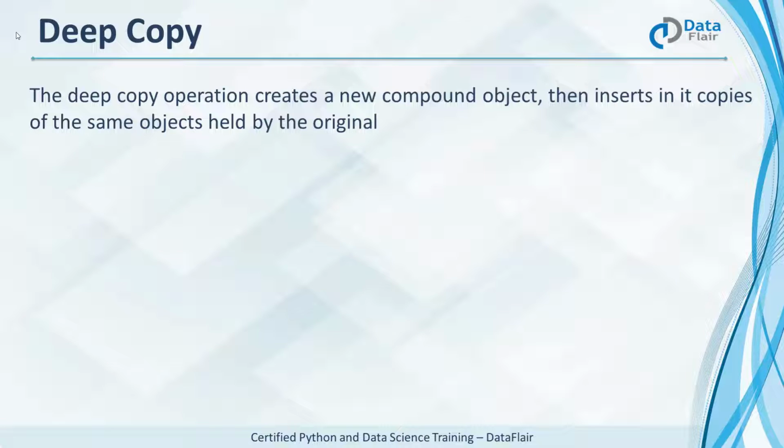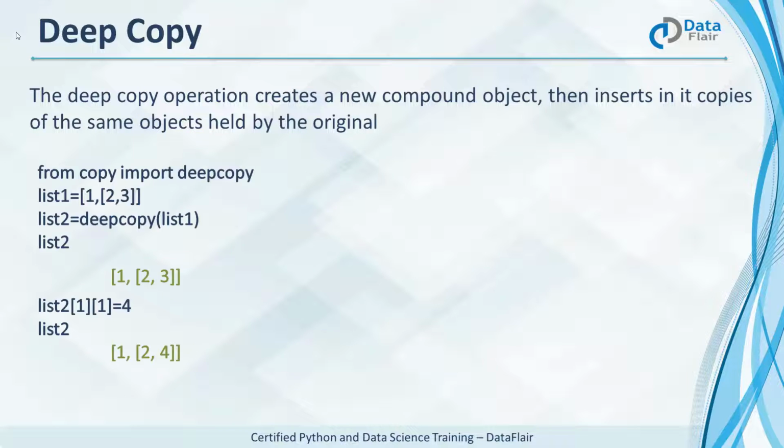Deep copying creates a new compound object and puts in it copies of the same objects held by the original. If we do the same with deep copying as we did with shallow copying, then print the value of the original list, we can see that the original list remains unaltered.